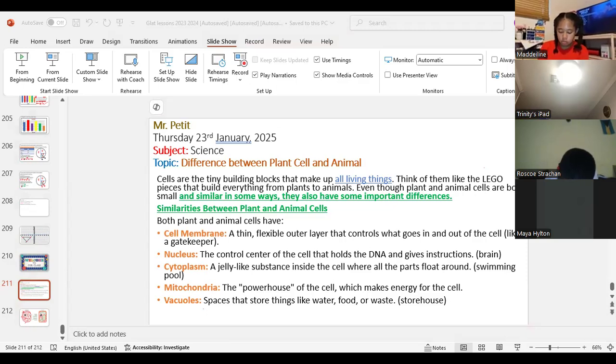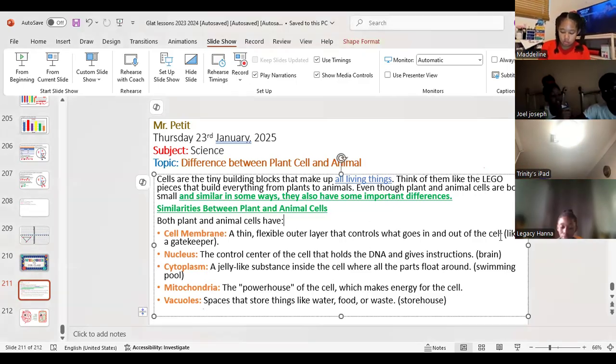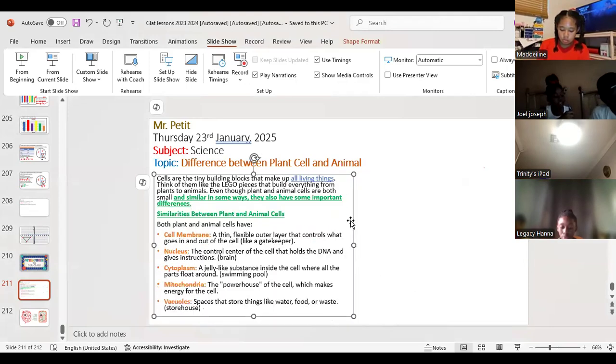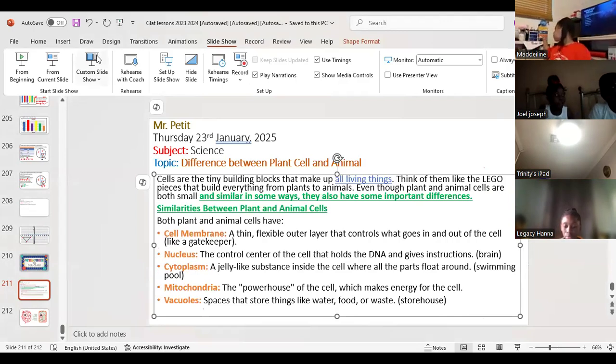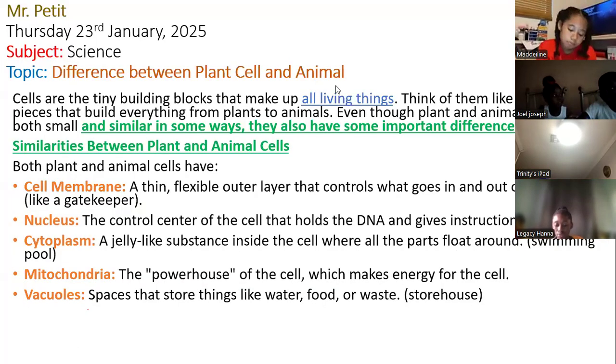All right, let's move on to the rest of the notes. So now we're going to talk about the differences between plants and animal cells. I'm going to put this inside the chat for those of you who are still writing this down.